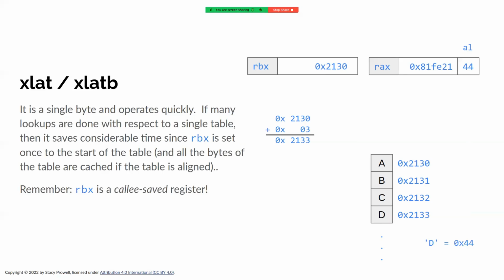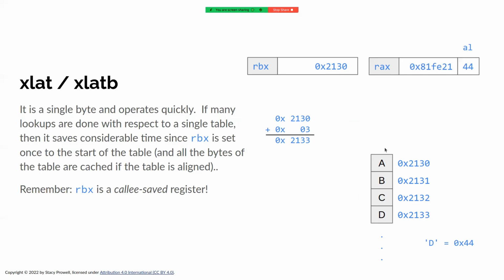Well, if your table is aligned, I can only have a table of 256 values, because that's all that AL lets me index. And so a page on Linux is 4K, and 256 bytes is significantly less than 4K. So the whole thing is going to fit into a page. It's going to be in the fastest cache possible, and this is going to run really quickly.